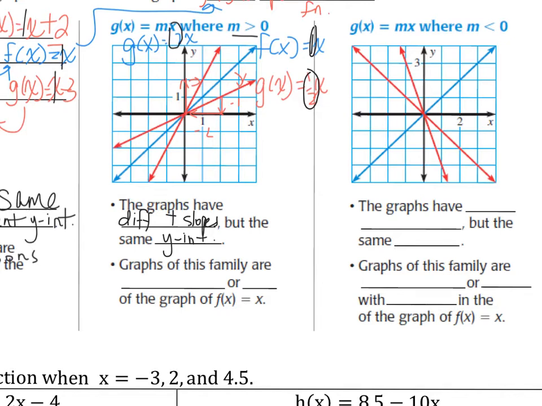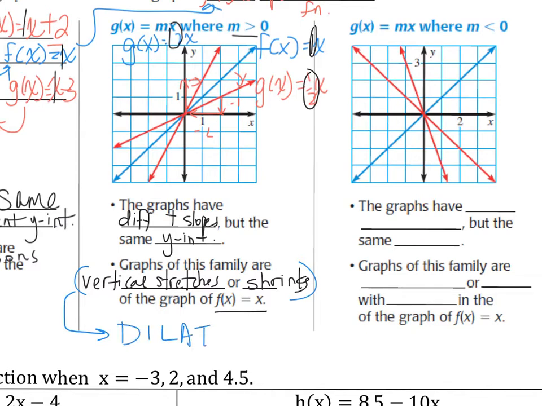Graphs of this family are what we call vertical stretches or shrinks of the graph of f of x equals x. And we can simply describe this as a dilation of the parent function f of x equals x.